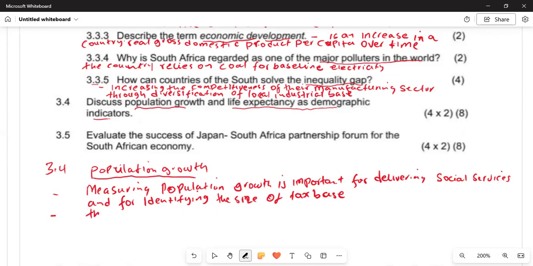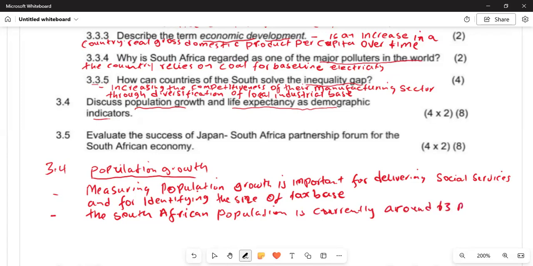The South African population is currently around 63 million people. So that is under population growth.